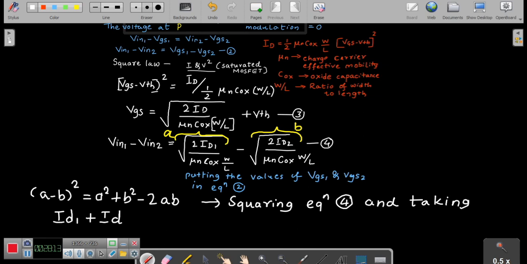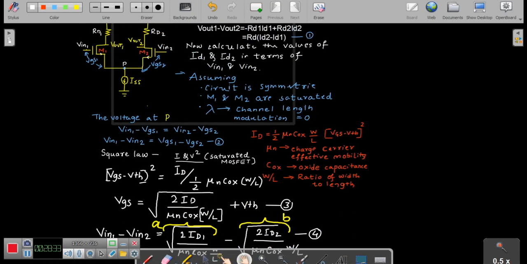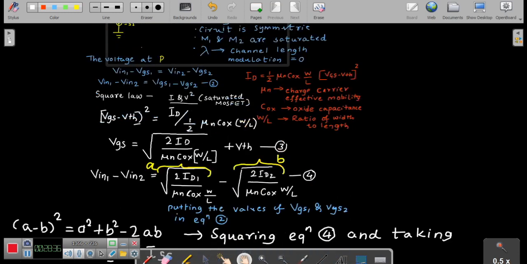Sometimes I write it as capital ID1, sometimes I write as small ID. So please let there not be any confusion, right? So you can take it as ID in general. Okay, so this is equals to ISS because ID1 plus ID2 happens to be ISS. You can see here ID1 and ID2, it will be ISS only, right?